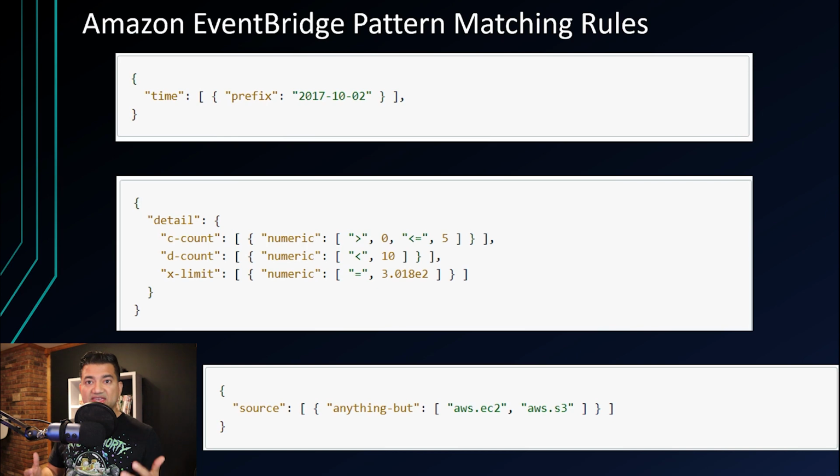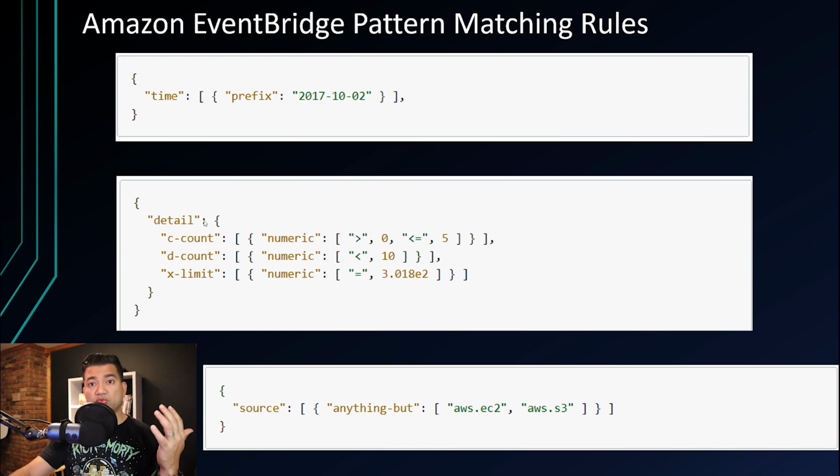So since EventBridge can handle and read these schemas, you can do a lot of pattern matching rules. You can say, hey, if the time field in the message starts with 2017-10-2, then invoke this target.